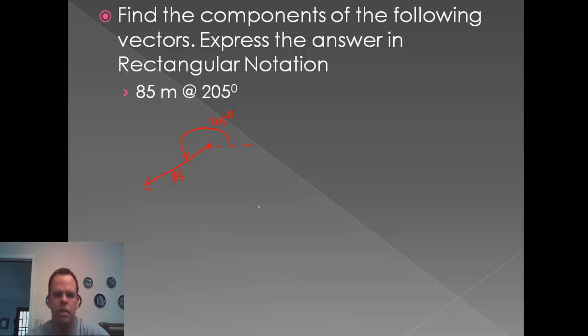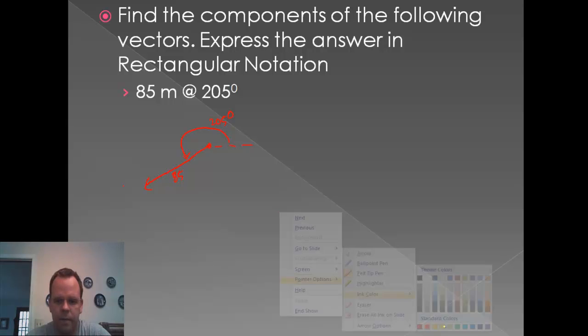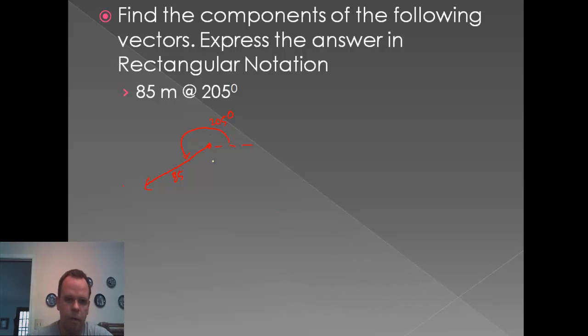I'll put two different colors here to show that. In one version, we would put our y component here and our x component here. If we do that, the angle that we're working with is 270, which would be down here, minus 205, so 65 degrees.